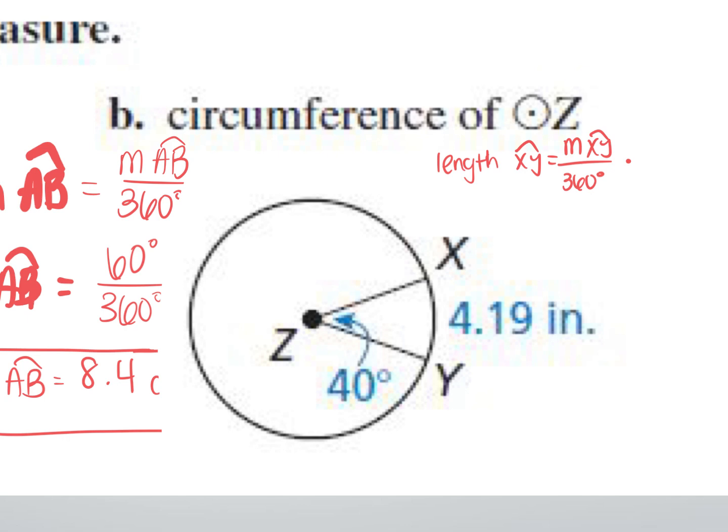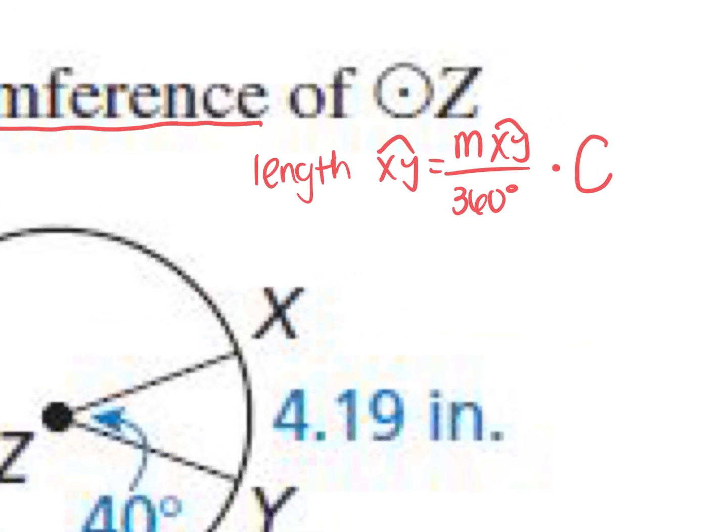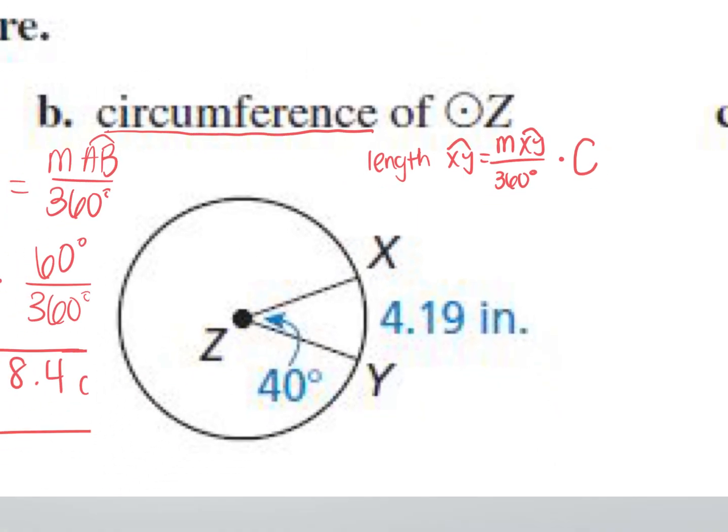Instead of 2 pi r, let's use C. What are we trying to solve for? Circumference. So do you guys agree that if I leave this as C, as long as I solve for C, I'm going to be fine? So it's advantageous to leave it as C and not to leave it as 2 pi r.